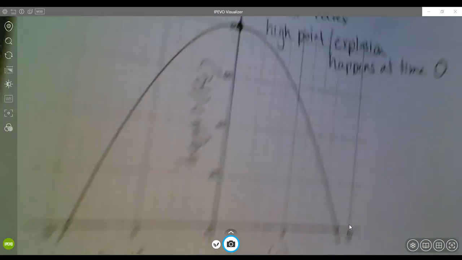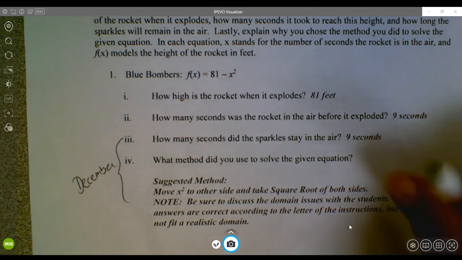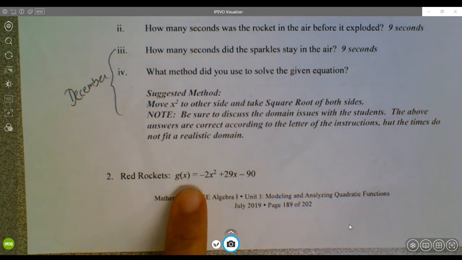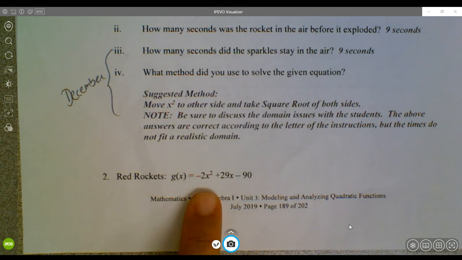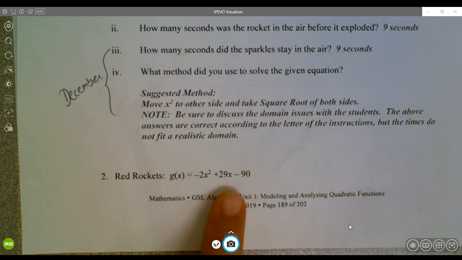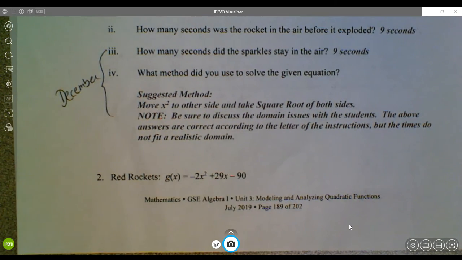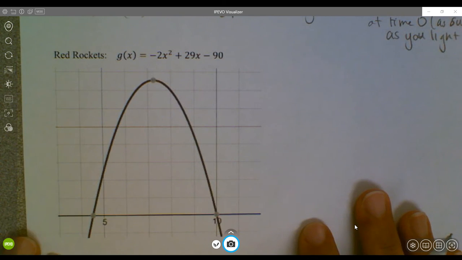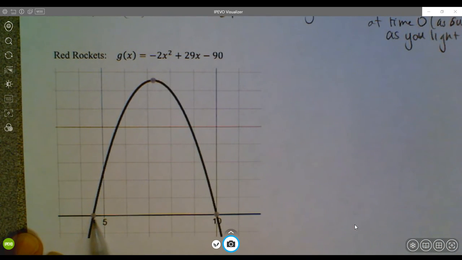All right. The next type of firework is the red rocket, and it's defined by the function -2x squared plus 21x minus 90. And I actually graphed that one for you as well. And this one's really nice. You can see that there's a 0 here.